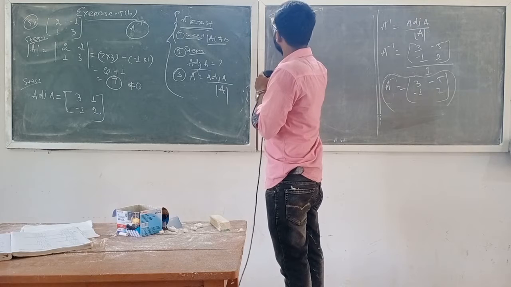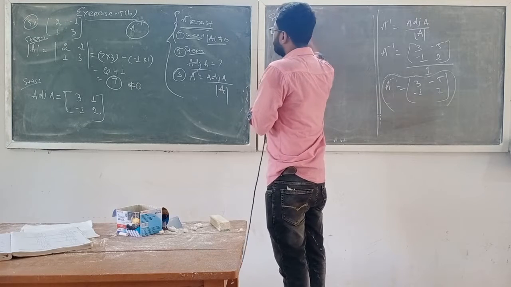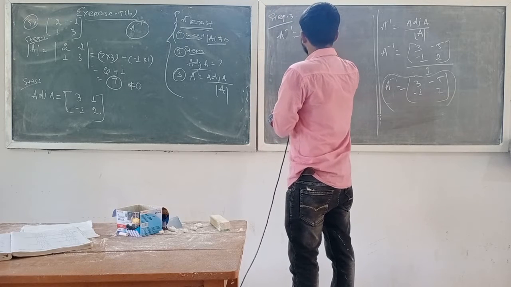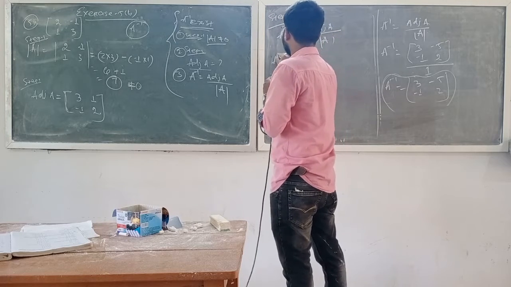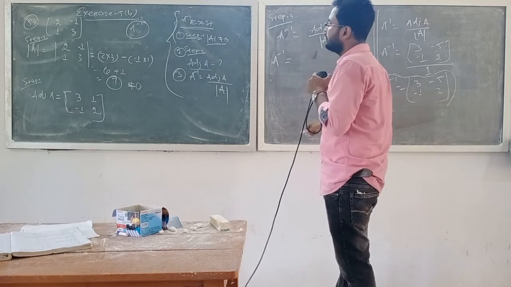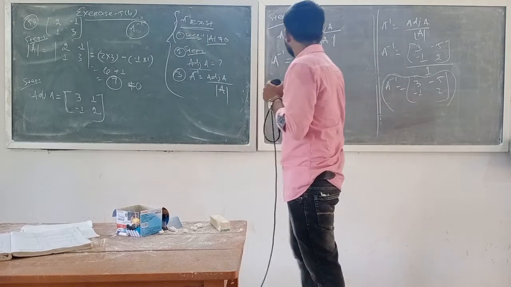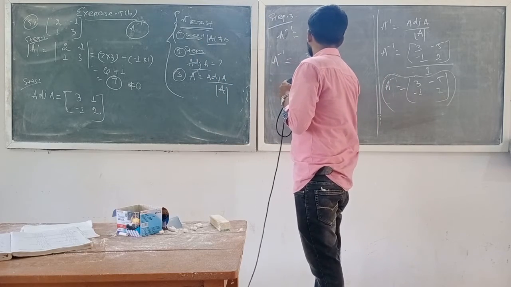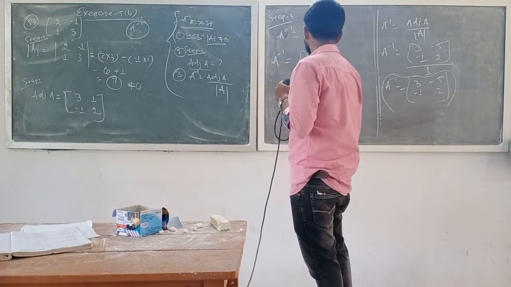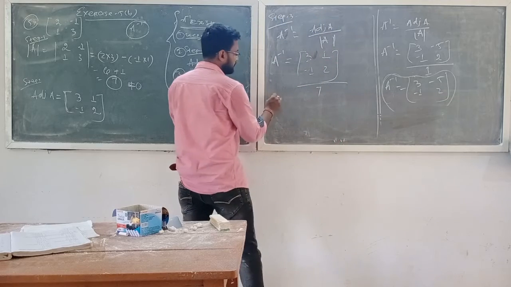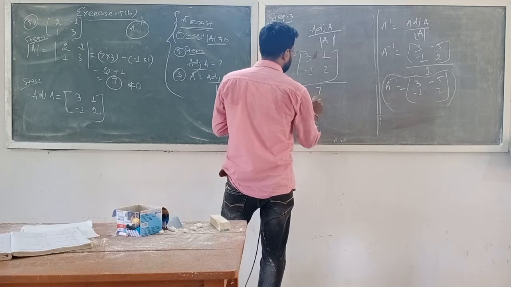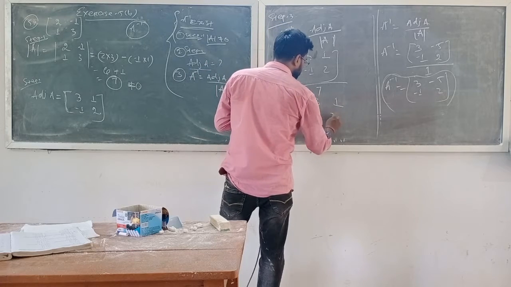Then our step 3: A inverse is equal to adjoint A by determinant of A. Adjoint A is 3, 1, minus 1, 2, but determinant of A is equal to 7. So A inverse will be 1 by 7 into the given matrix 3, 1, minus 1, 2.